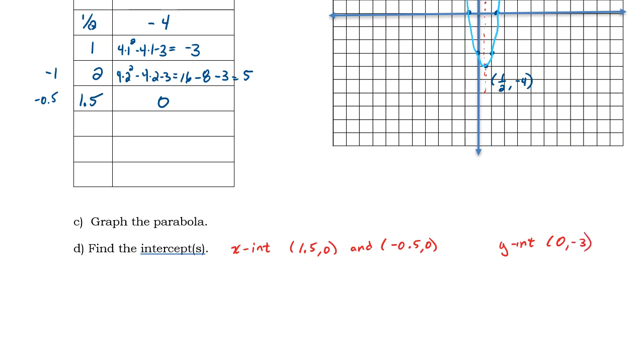Well, the y-intercept algebraically is easy because you just plug in 0 for x. So we have y equals 4 times 0 squared minus 4 times 0 minus 3.